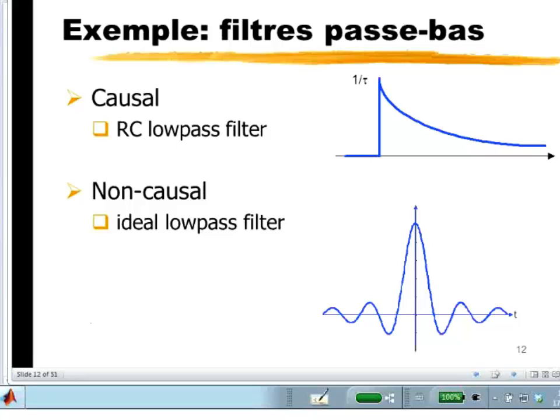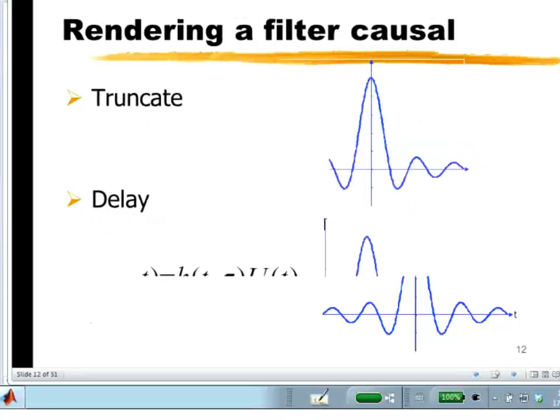If we look at the response for our ideal low-pass filter, it's the sinc function, and of course it has infinite time support. So this is a non-causal filter. Of course, more high-frequency terms are introduced with the causal RC realization, and we would like to get something that approaches the ideal filter, cutting off more high-frequency components, if we could get an approximation to the ideal low-pass filter.